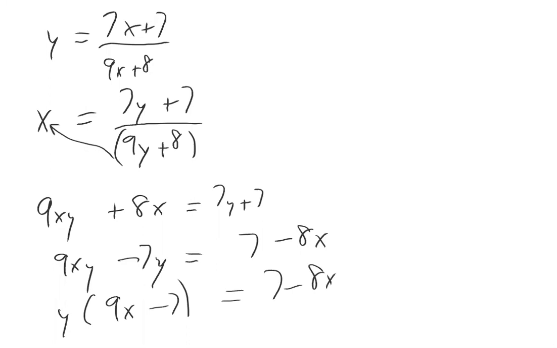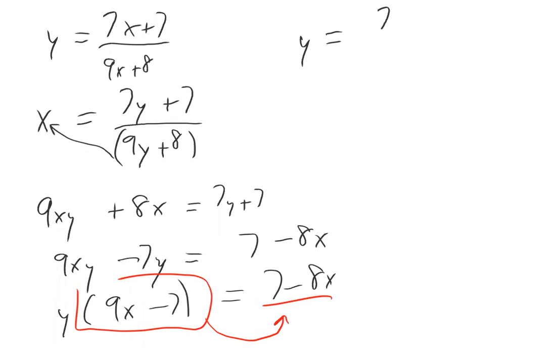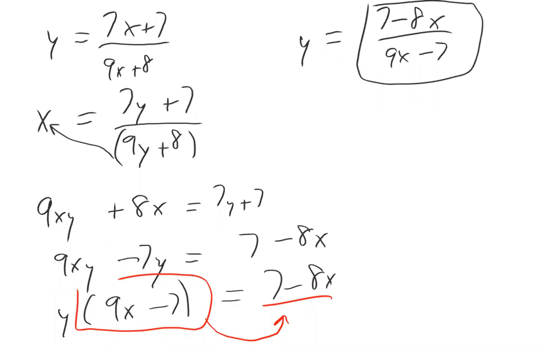Last step is I'll divide that factor underneath the other side. So the answer will be y equals 7 minus 8x over 9x minus 7. So that's the inverse formula. Now let's try problem 22.